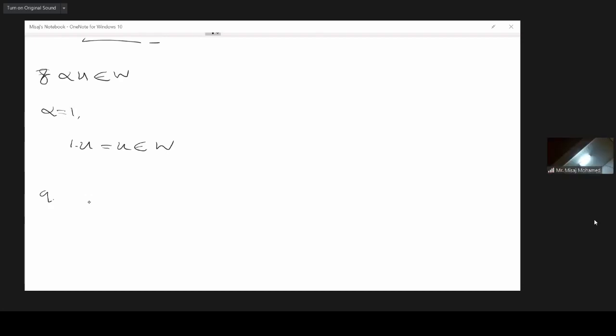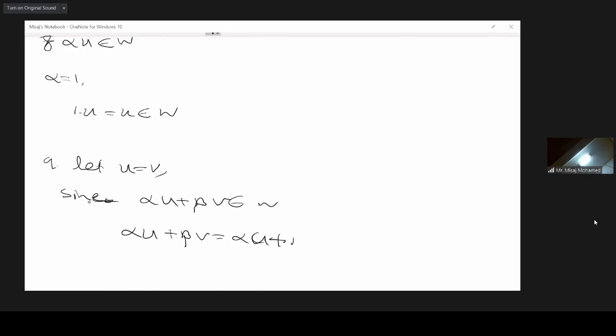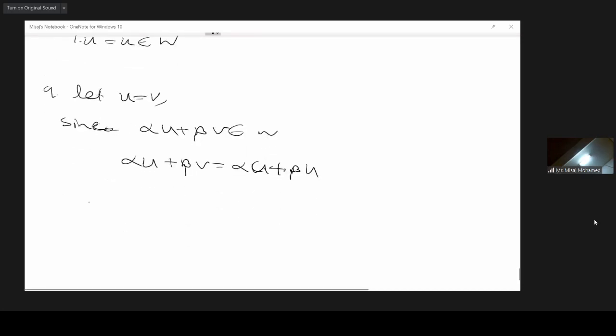Let u be equal to v. Since alpha u plus beta v is in W, alpha u plus beta v is equal to alpha u plus beta u.